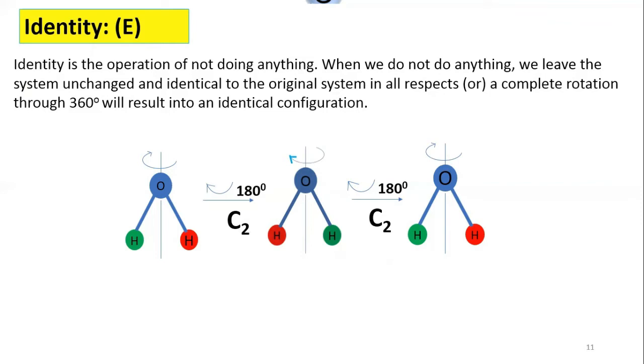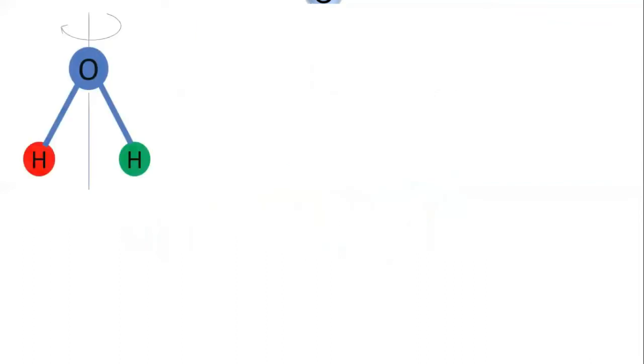And this is how it is rotated and shown. Let us start with the second configuration obtained by performing a 180 degree rotation, and from there one more 180 degree rotation is performed in order to get the identical configuration, that is a complete rotation of 360.